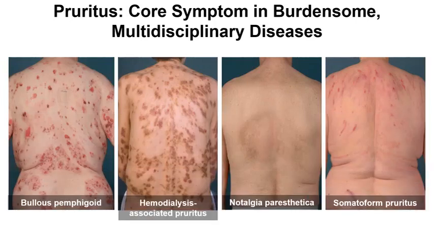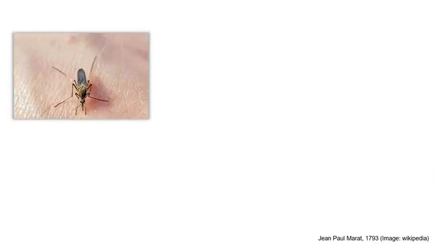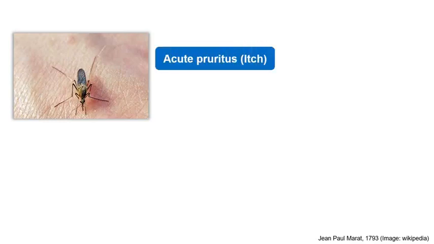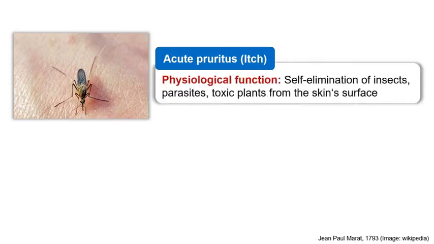In internal medicine, for example, with chronic kidney disease, in neurology, notalgia paresthetica, for example, and also in psychiatry. When we discuss pruritus here, we do not discuss acute pruritus, which helps us to eliminate insects and toxic plants from the surface. It's only of short duration.